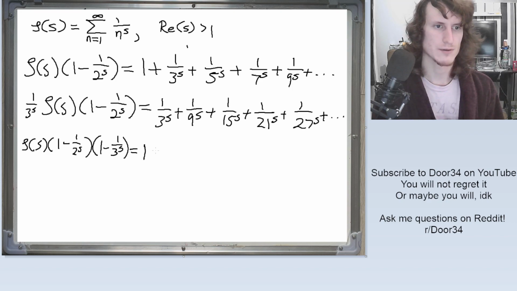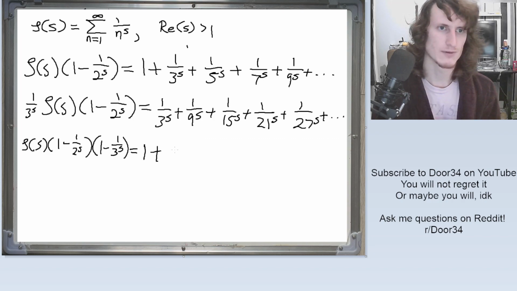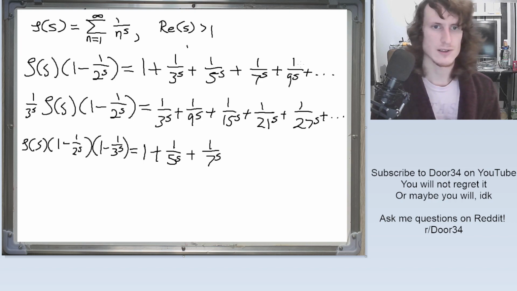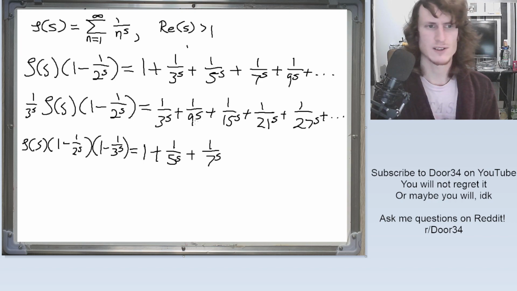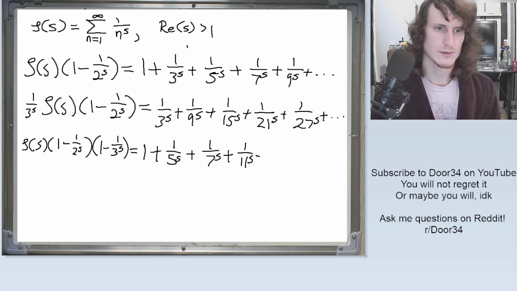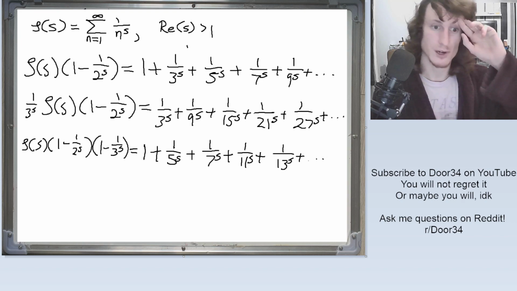So we're going to end up with 1 plus 1 over 5 to the S, and 1 over 7 to the S is going to be unaffected, but this 9 here is going to be affected by this 9 here, so it's going to cancel out to 0. And we're going to have 1 over 11, 1 over 13, and so on, just every other number that doesn't have a factor of 3 in it, or 2 in it.